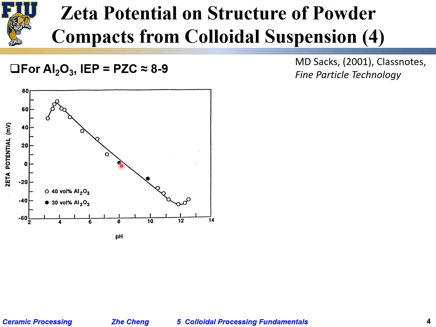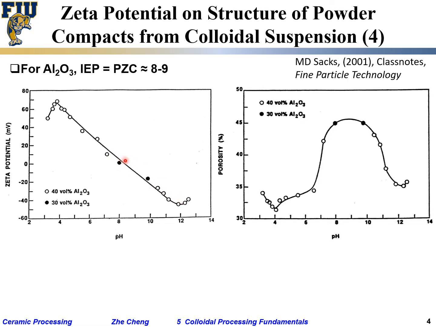Somewhere at pH 8 to 9, I have roughly 0 zeta potential. And if we are more acidic, I have more positive zeta potential. On the other side, higher pH than PZC, I have more negative zeta potential.